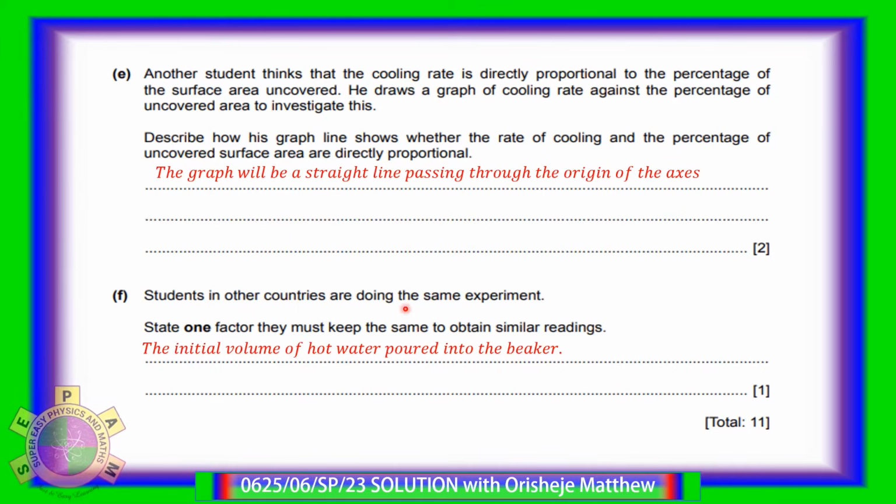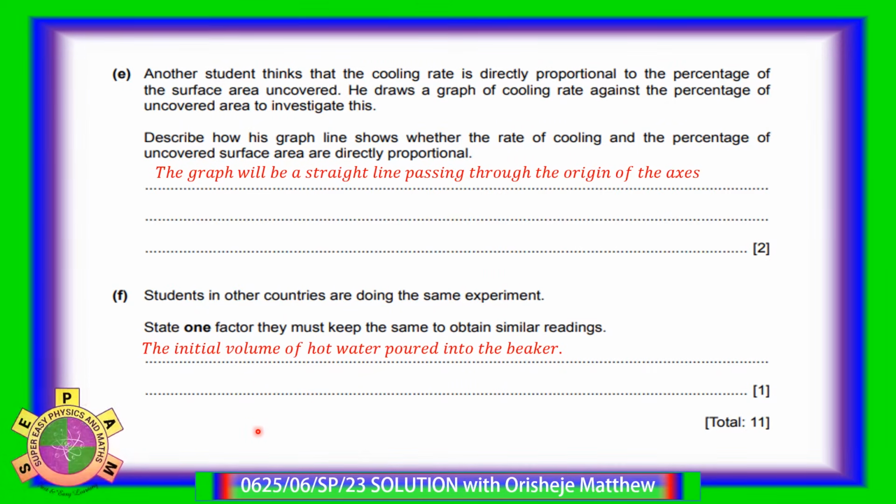Students in other countries are doing the same experiment. State one factor they must keep the same to obtain similar readings. The initial temperature of the hot water poured into the beaker must be kept the same. The initial volume must be kept the same. If you want to compare and make your experiment reliable, they can also use the same size of material.